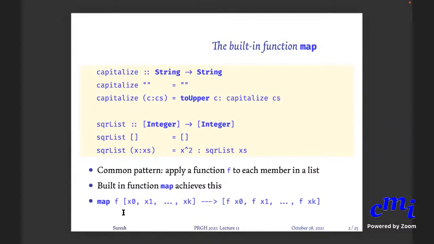Map takes two arguments. The first argument is a function. The second argument is a list. Can somebody tell what the types could be? A general list is of what type? Any list. What is the most general type you can give to a list? And this function is a function that you have to apply on every element of A. So what will the function type be?